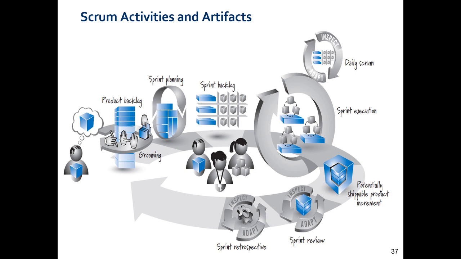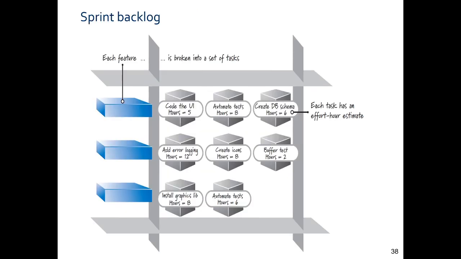And what are the outcomes that we are reaching. And sprint backlog, as we see, is broken into a set of features, the sprints, and the set of features broken into a set of tasks, right?